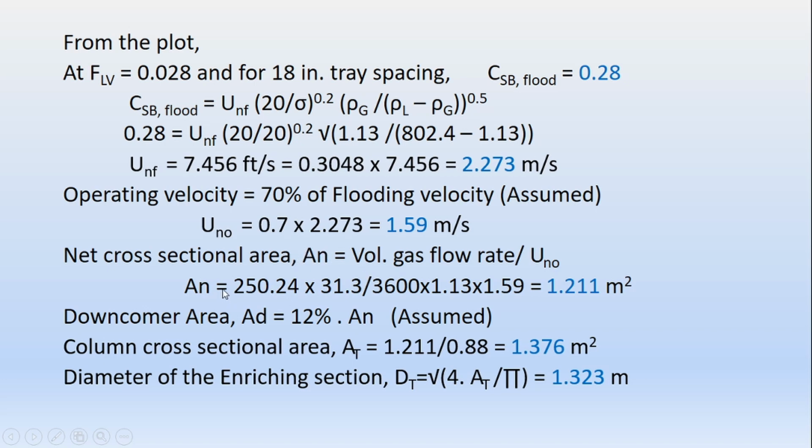We consider this volumetric flow rate of the gas divided by 1.59, and we get the net cross-sectional area as 1.211 meter square. This is the cross-sectional area of the column.